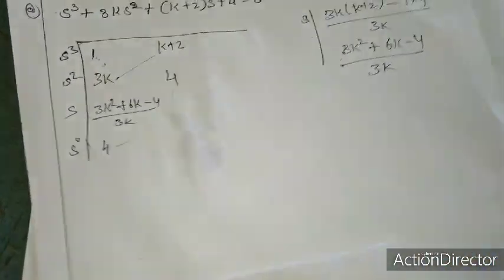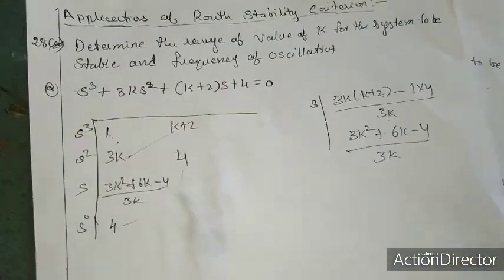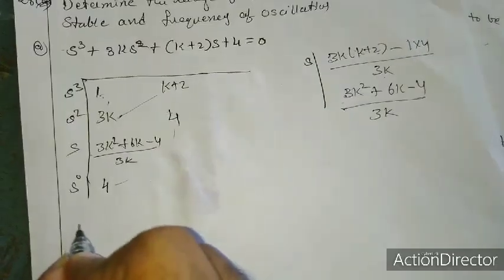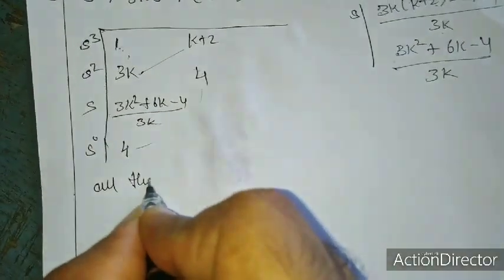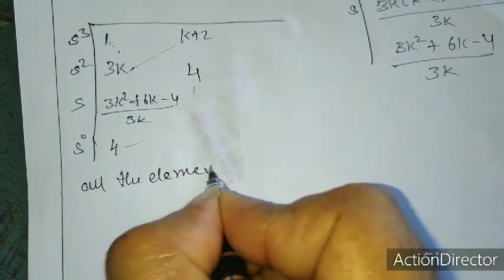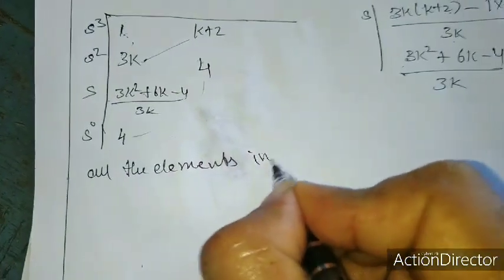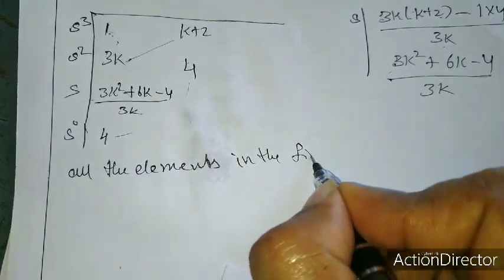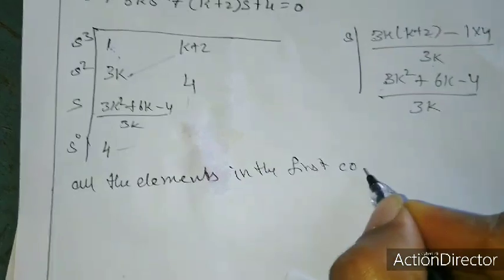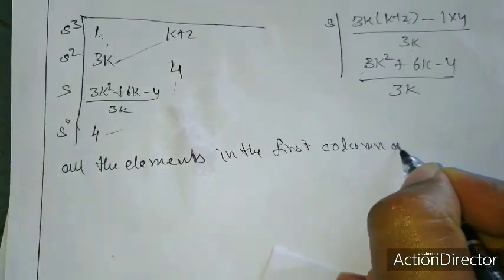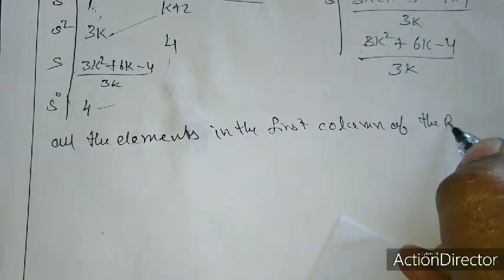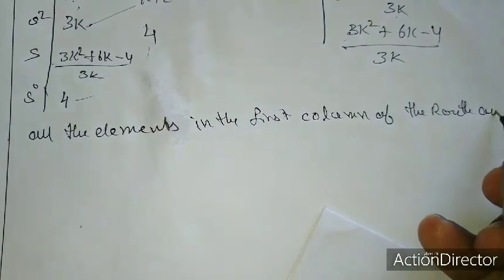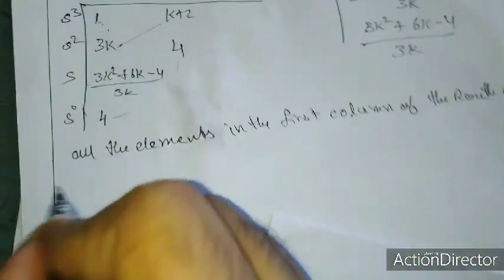Now according to the stability condition, all the elements in the first column of the row array must be positive.